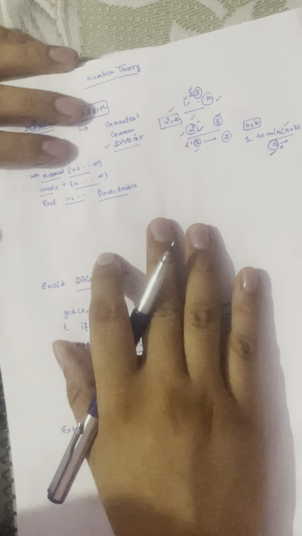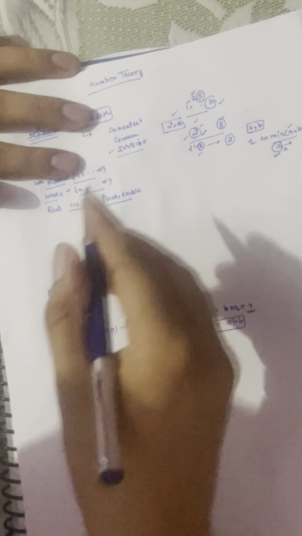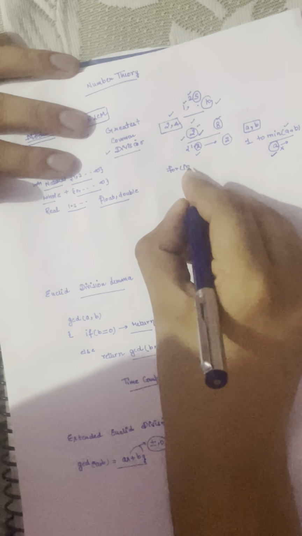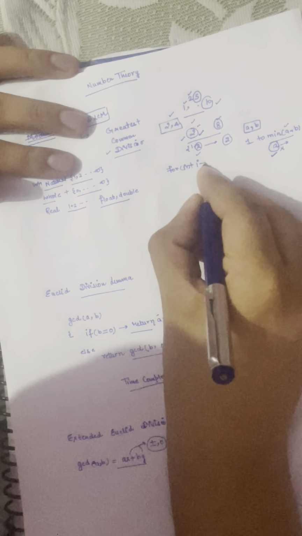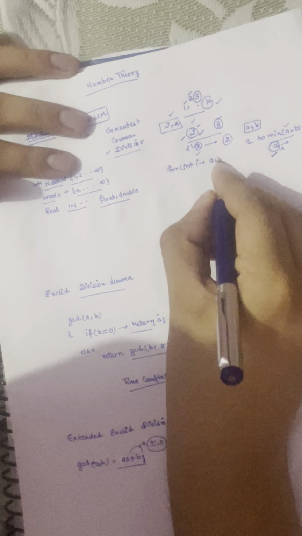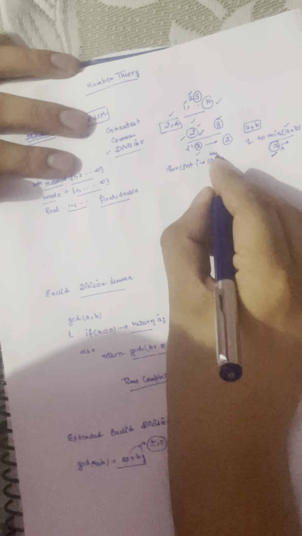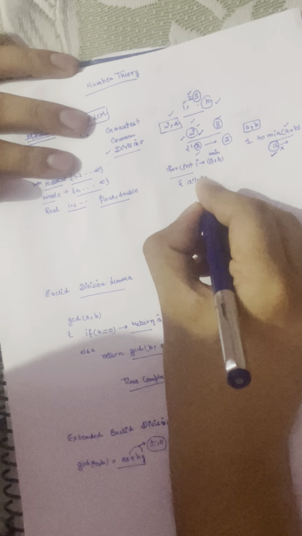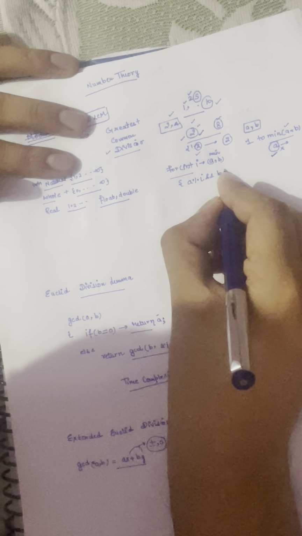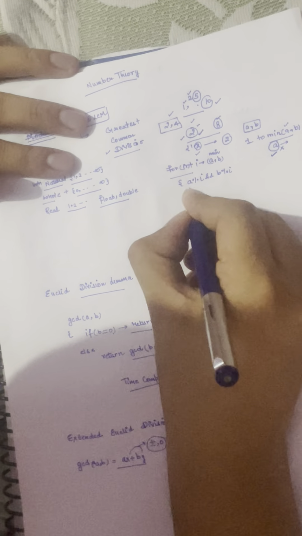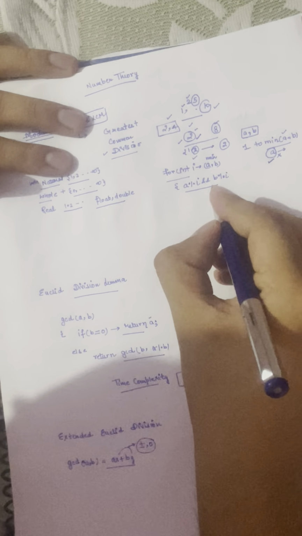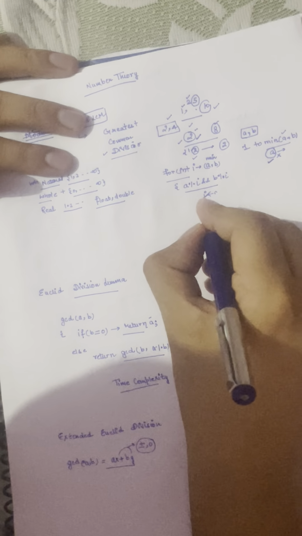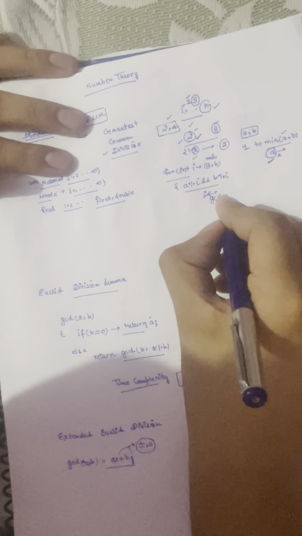In case we want to find the GCD of two numbers, we would iterate from i equal to 1 to min of a comma b, and check if i divides both a and i divides b. If this condition is fulfilled, then we assign GCD as i.